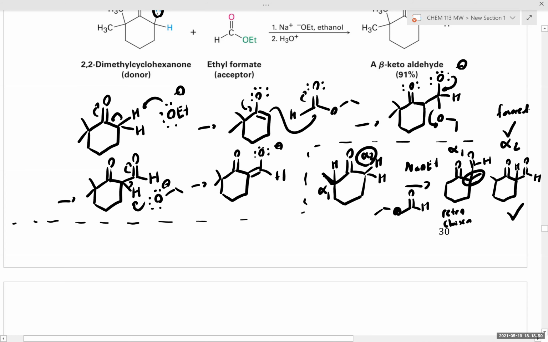So this gives us a way to control the regioselectivity of the Claisen reaction via the fact that the Claisen reaction is only favored if you have the driving deprotonation step. Does this make sense? Perfect.